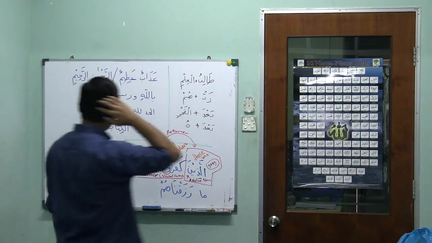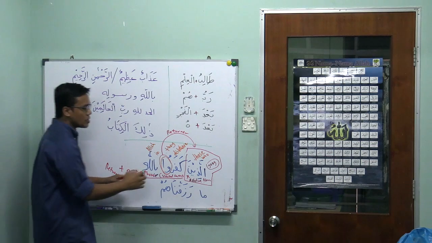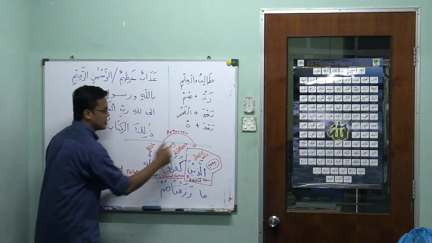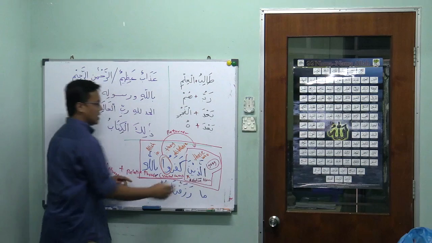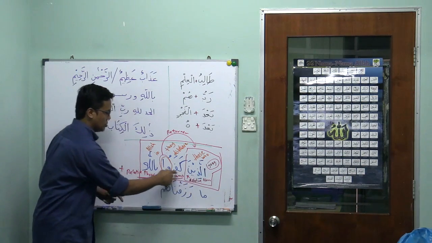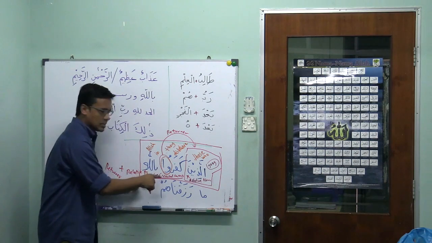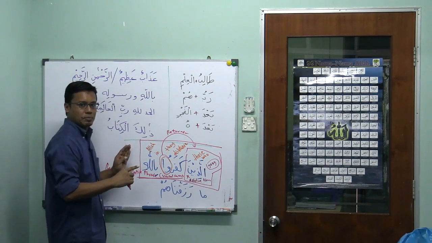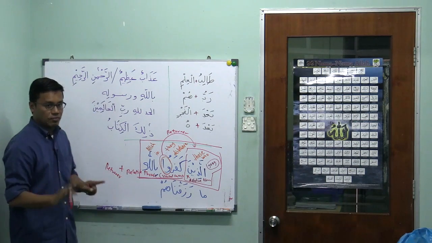That's it. Okay, what's the benefit of this? The benefit is for you to know the phrasal structure's extent. That means you would read alladhina kafaru billah as one thing, although it is 1, 2, 3, 4, 5 words, it is referring to one thing, one group of people. That's one benefit of knowing a phrasal structure.